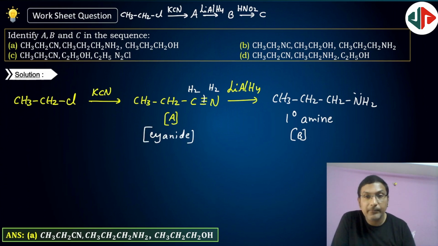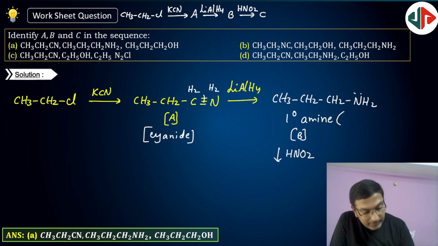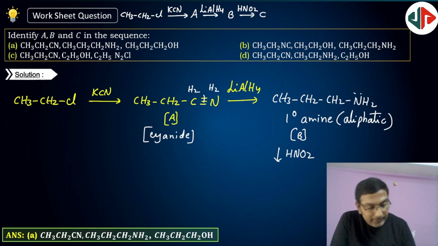Next, reaction with HNO2. Aliphatic primary amines, that means open chain, give an alcohol: remove NH2 and place OH.